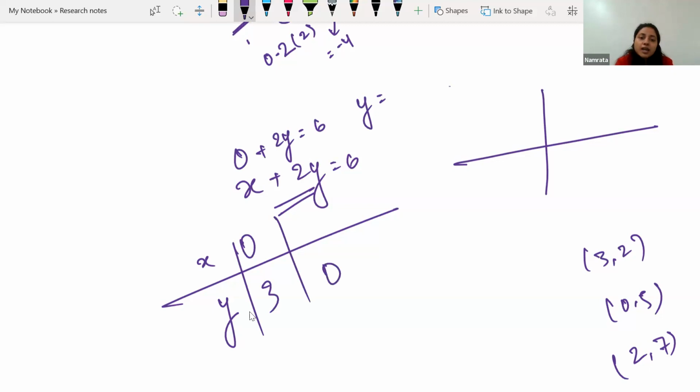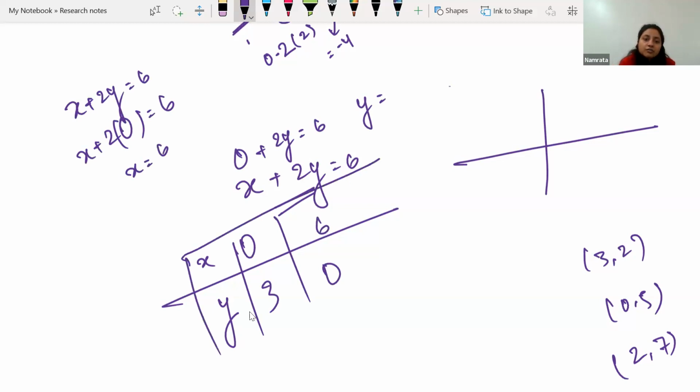Take y as 0, then x will be 6. We have found these 2 points quickly.